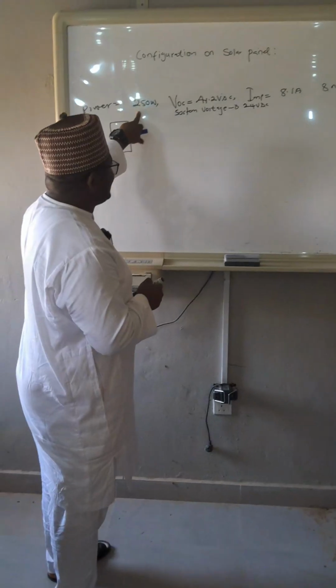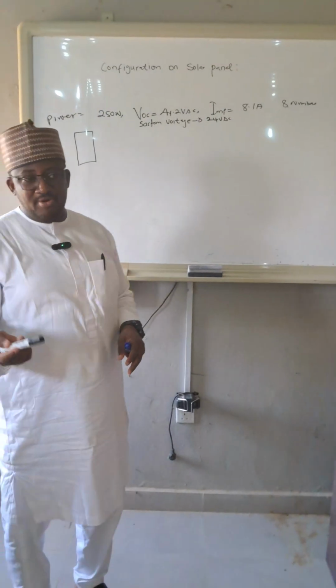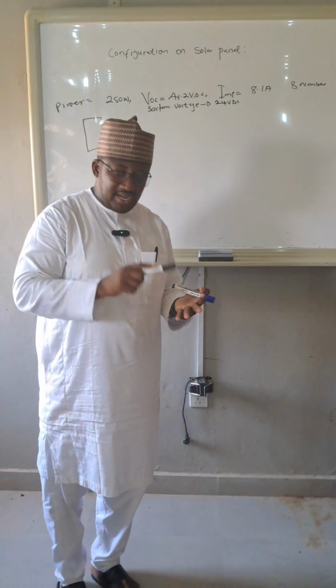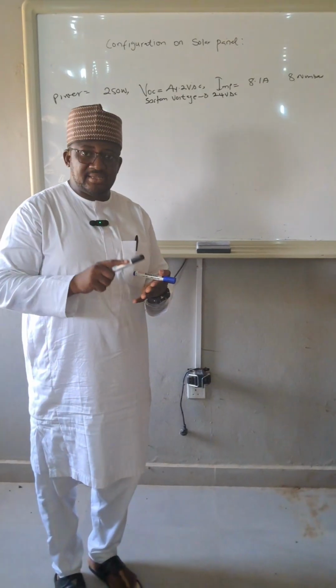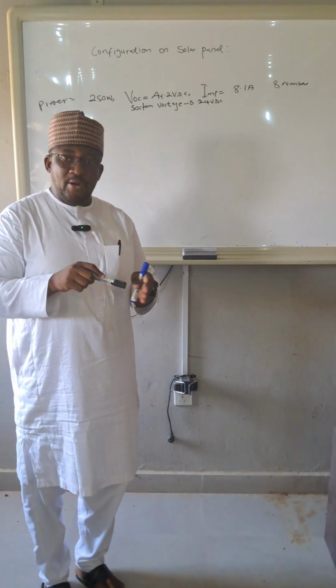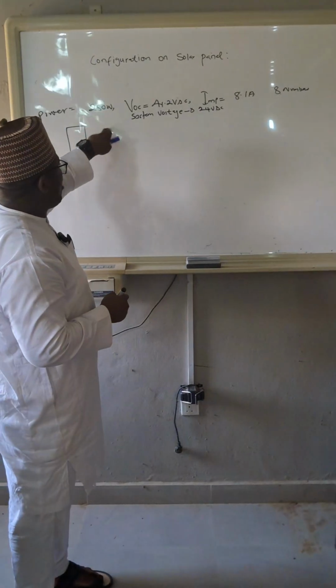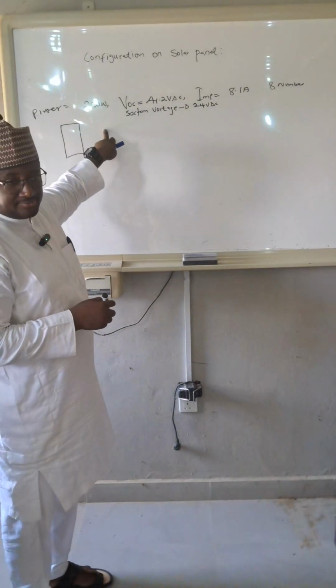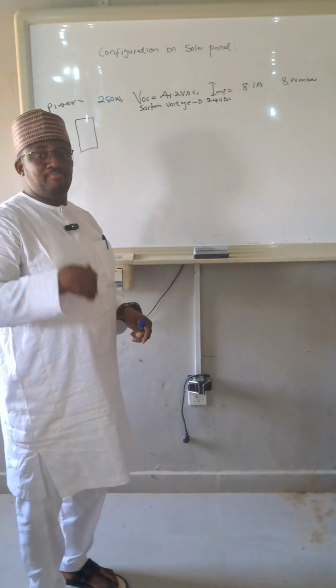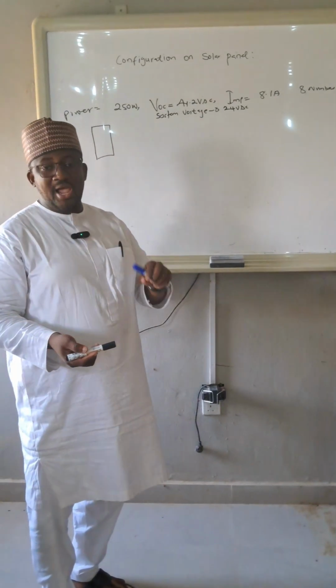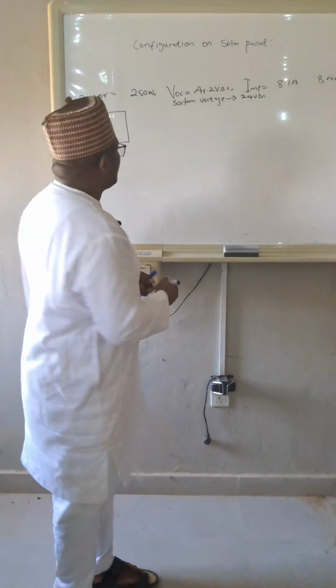So since that is the case, we will look at the remaining components: inverter, charge controller, battery, and solar panel. If our system voltage is 48 volts, we have to consider connecting two of these in series, because in series connection, voltage is added while the current remains constant.